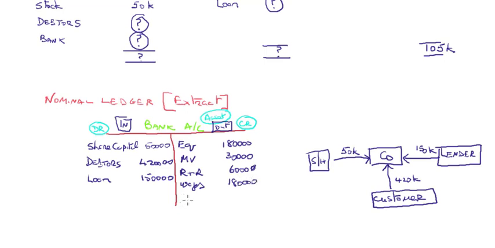The next one is creditors. These are payments in respect of our purchases, 110,000. We've got dividends paid to the shareholders, and they were 60.